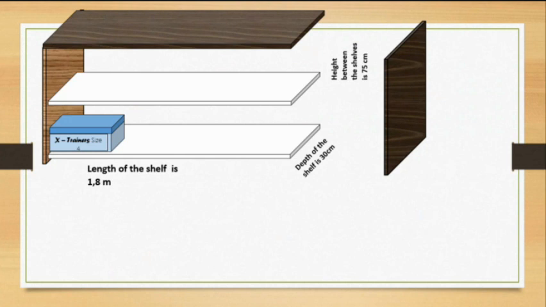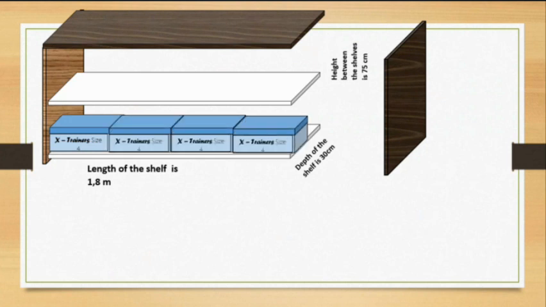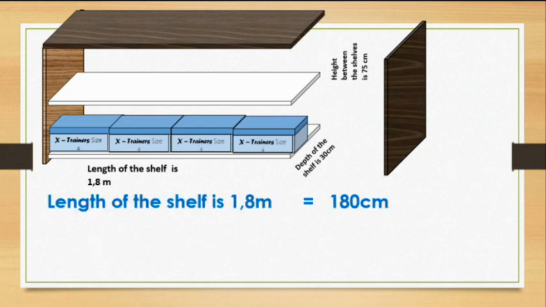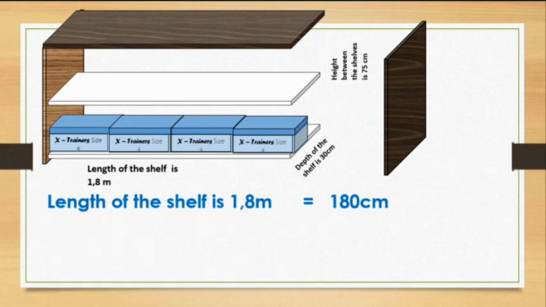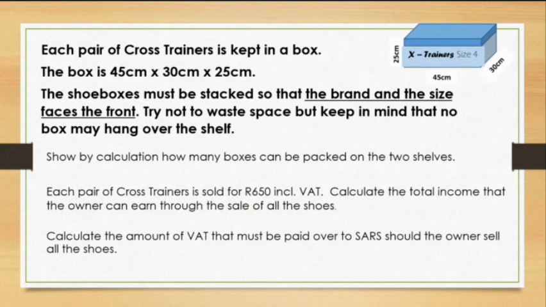So we stack the first one, second one, third one, and fourth one. How do we know that we're stacking that? It's because basically we convert the length of the shelf from 1,8 meters to 180 centimeters. Now, we divide by 45. Why are we dividing by 45? Let me remind you that this is 45.